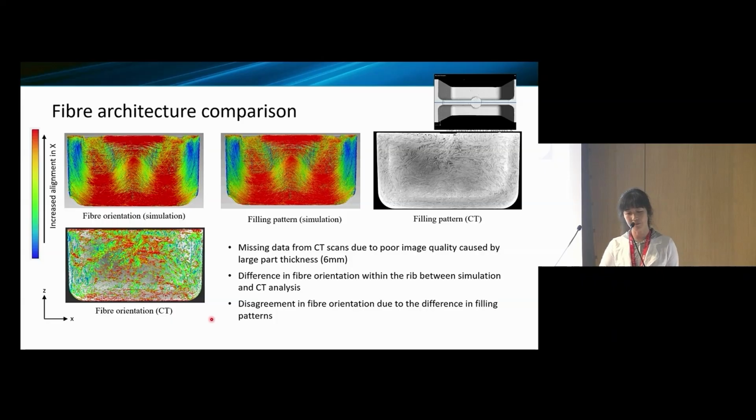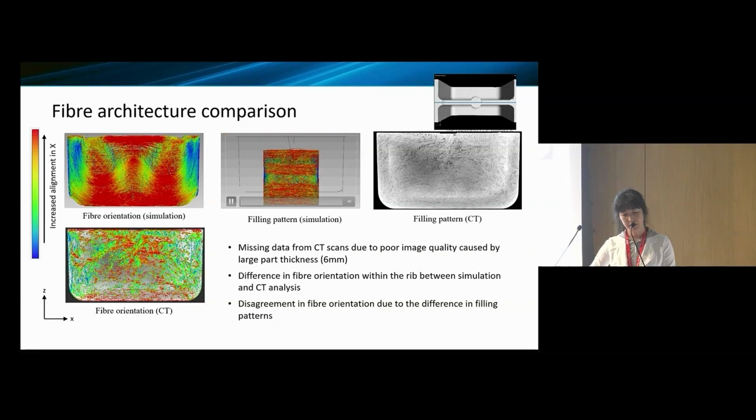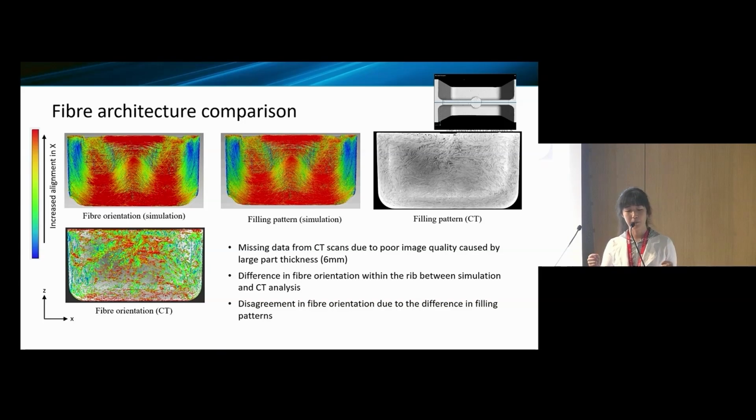But there's also the middle of the rib, where we are seeing more disagreements between the simulation and the CT scan. The reason for that was mainly because in the simulation we are seeing a filling pattern that's quite different from what would happen in reality, because as you can see, the last filling point is along the top edge of the sample, quite towards the edge, whereas in the actual CT scan we're seeing the last filling point around the middle, as indicated by the white line.